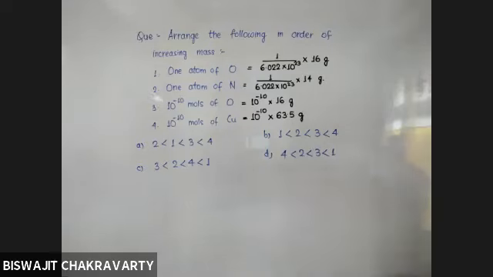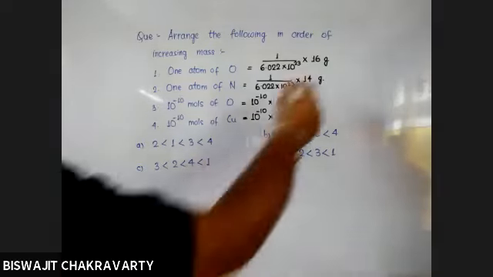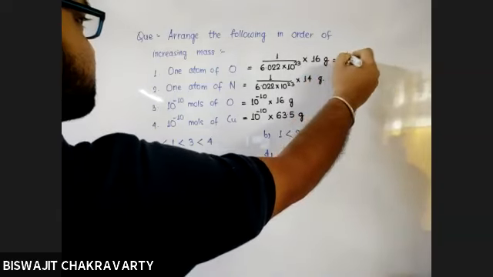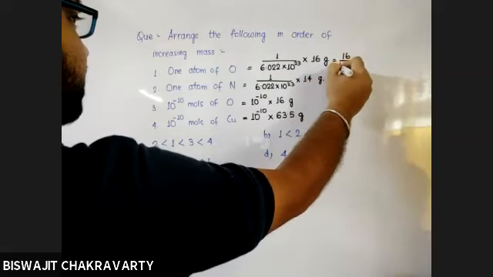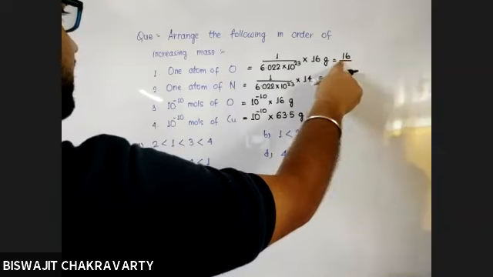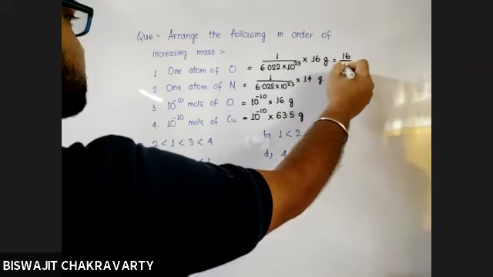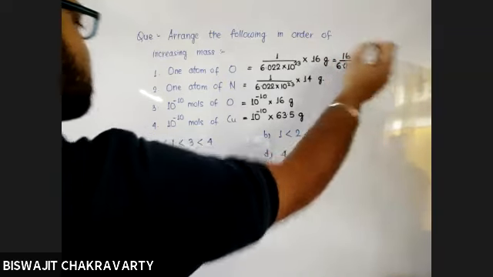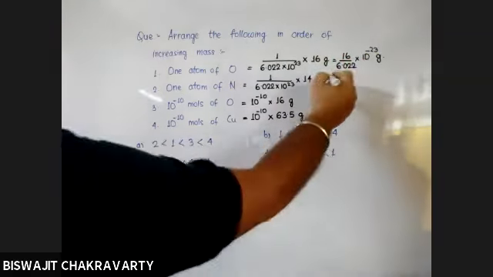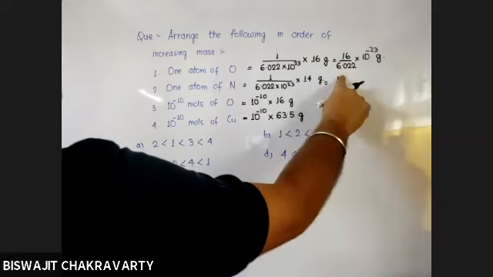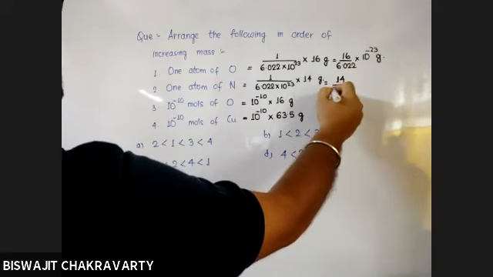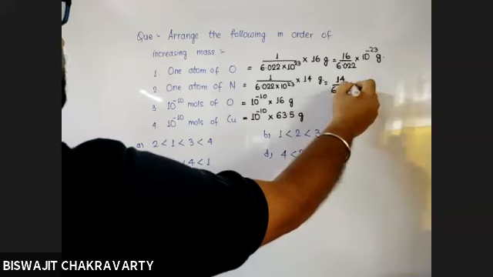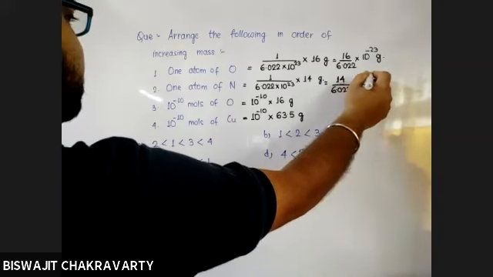And still, if you are not clear, can I write this as 16 by Avogadro's number, or better I write 6.022 into 10 to the power minus 23 grams? Can I write it? Yes, sir. This is 14 by 6.022 into 10 to the power minus 23 I can write.